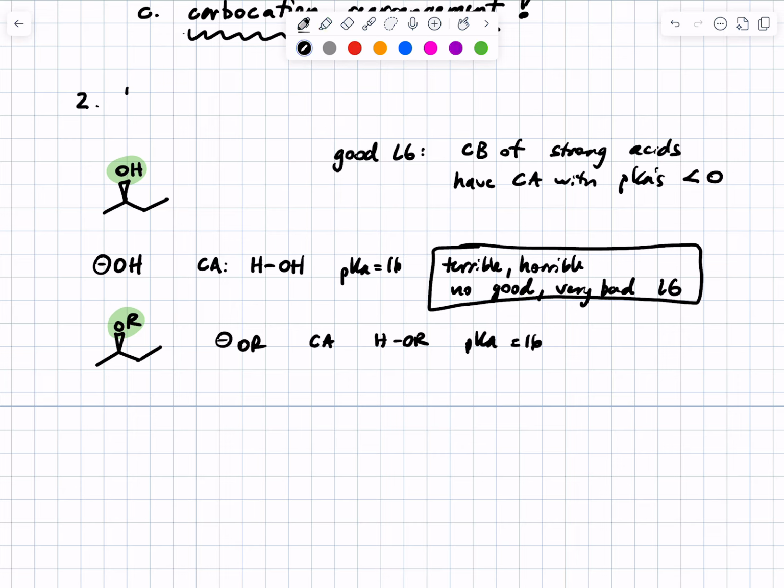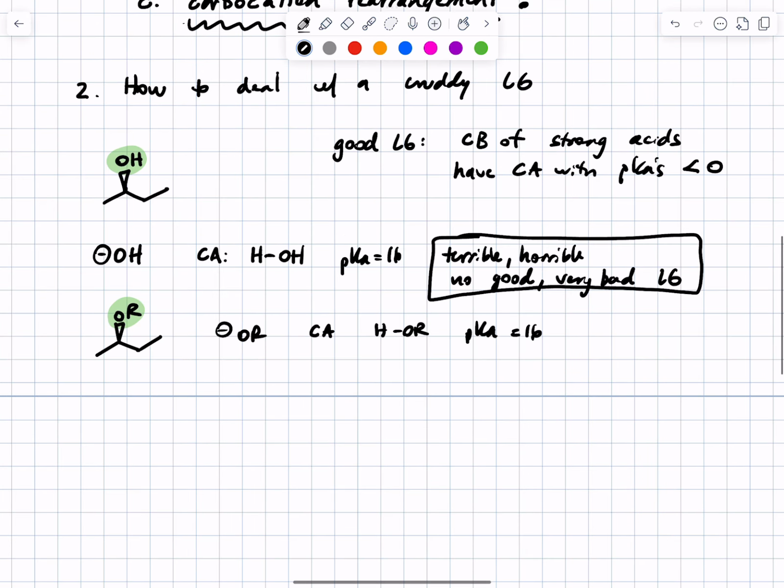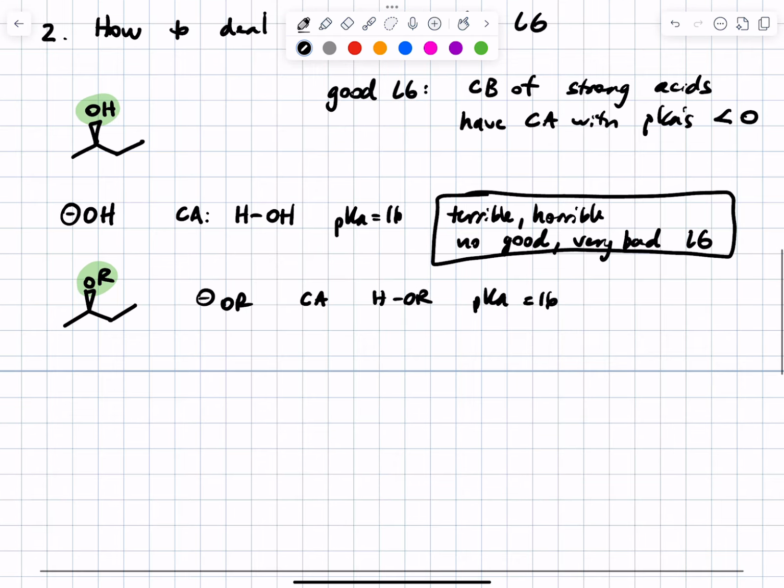So one theme of chapter 9 is how to deal with a cruddy leaving group. And one strategy is to turn that frown upside down by converting the poor leaving group into something that's a better leaving group. All right? So that will be a major part of chapter 9.